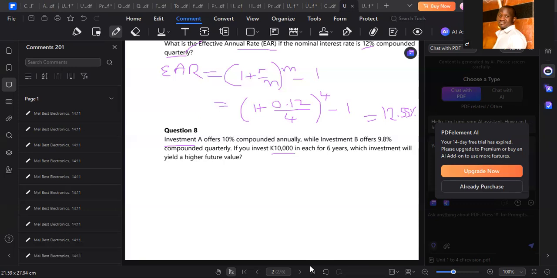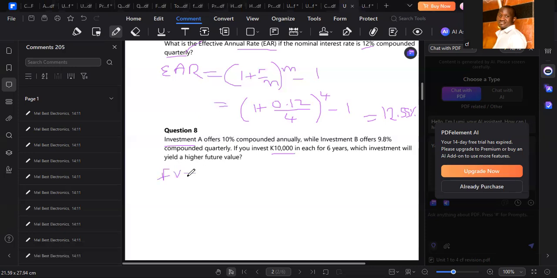For investment A, future value is present value times 1 plus R over M, to the power MT. You can use this general formula. Investment A: you have 10,000, it's annually, so 10%. Annually means once, so you put a 1 there, then 1 there, and 6.